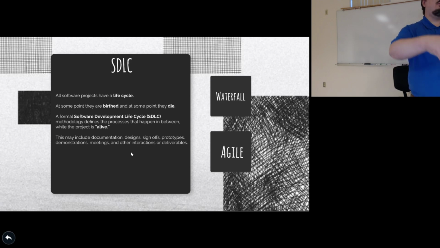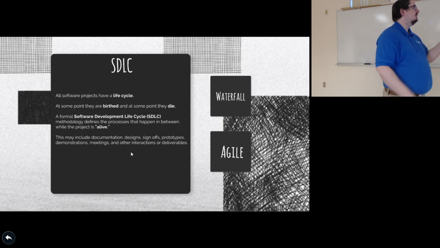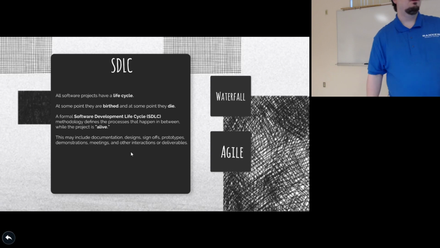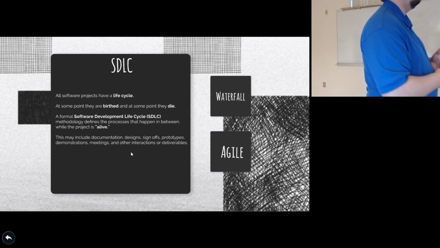A prototype is like, hey, we built this quick and fast just to see if it's going to work, but it's not a finished project. So prototypes are in there, demonstrations, meetings, other ways of interacting with people, or deliverables. A deliverable would be anything you're creating as a file, whether it be a Word document, an Excel document, or a program. So a deliverable is anything that's a set of files that you're giving to somebody.